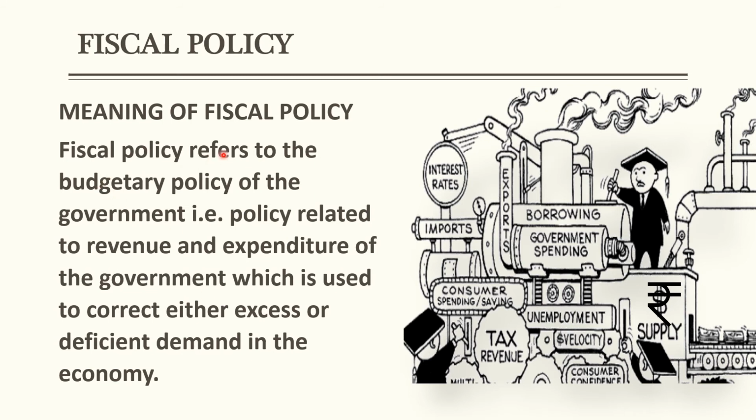Fiscal policy refers to the budgetary policy of the government, that is policy related to revenue and expenditure of the government, which is used to correct either excess or deficient demand in the economy. So both excess and deficient demand are situations of disequilibrium. They need to be corrected. And how will they be corrected? With the fiscal policy enforced by the government.